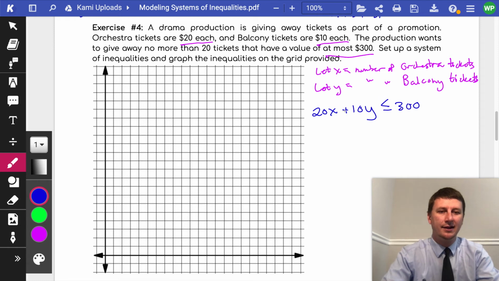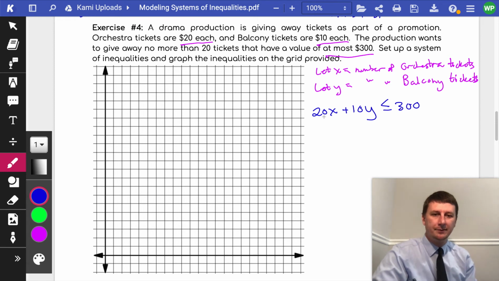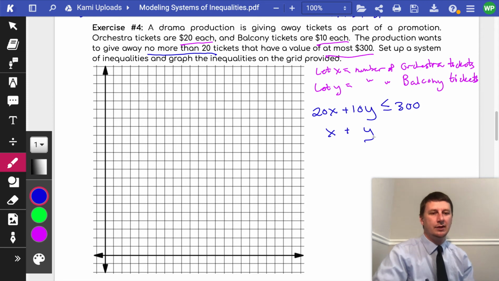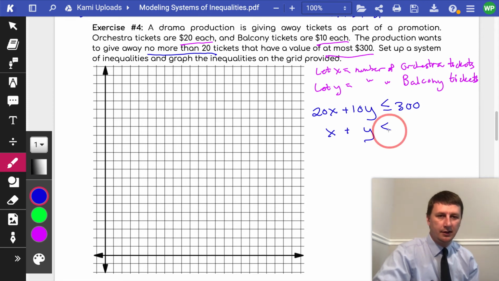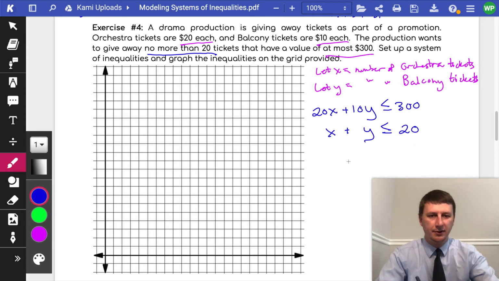That means everything else has to be less than or equal to that 300. And right there is my first inequality. Now for my second inequality, they want to give away no more than 20 tickets. So the combined total of orchestra tickets and balcony tickets has to be no more than 20. So we have two less than or equal to's, which is perfectly fine.